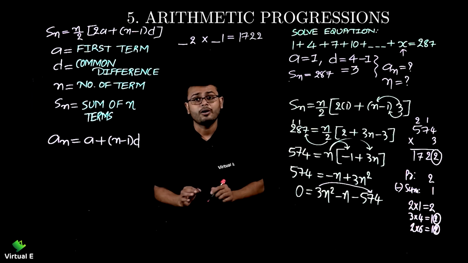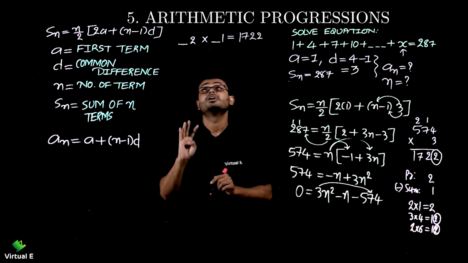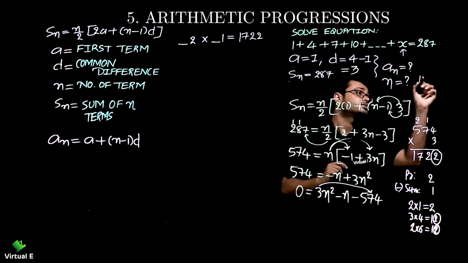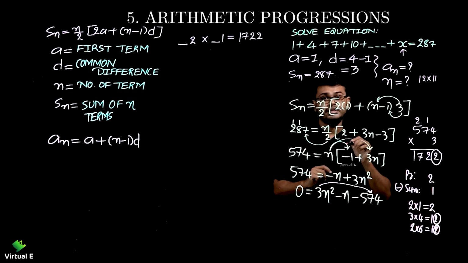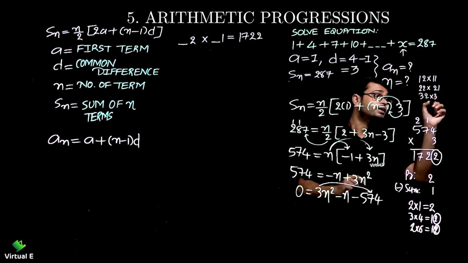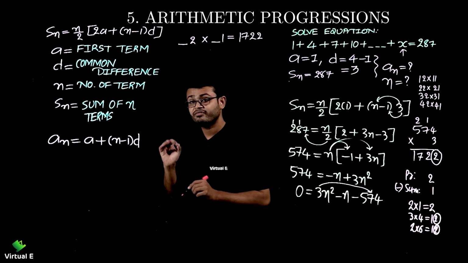1722. Now, we need to get a 4-digit number. You can start writing like this: 12 multiplied by 11, then 22 multiplied by 21, 32 multiplied by 31, 42 multiplied by 41. Why am I stopping at 4?